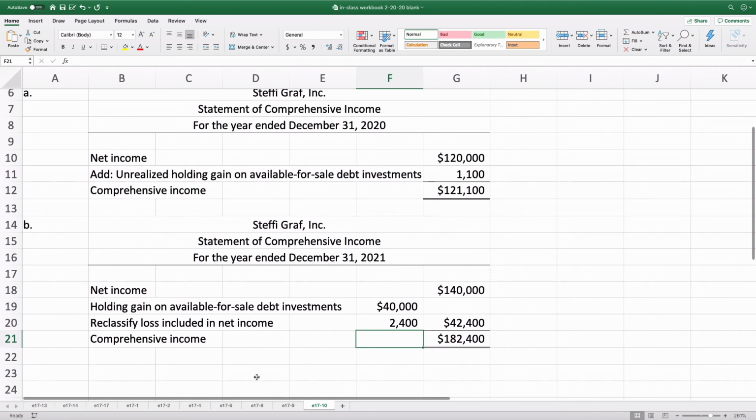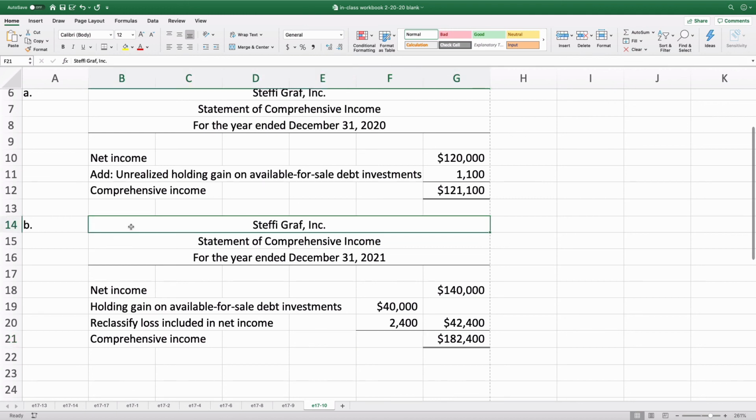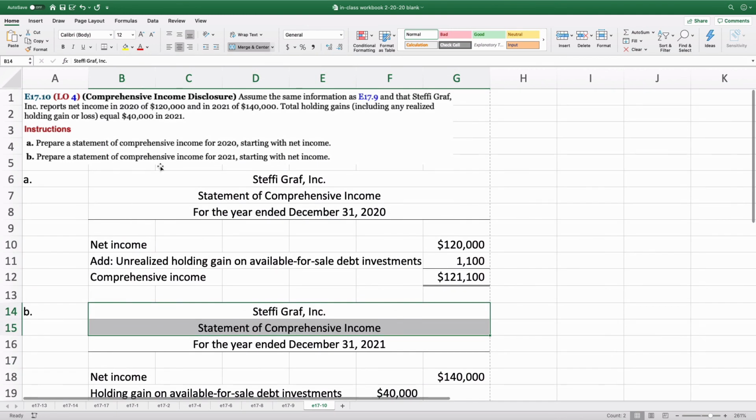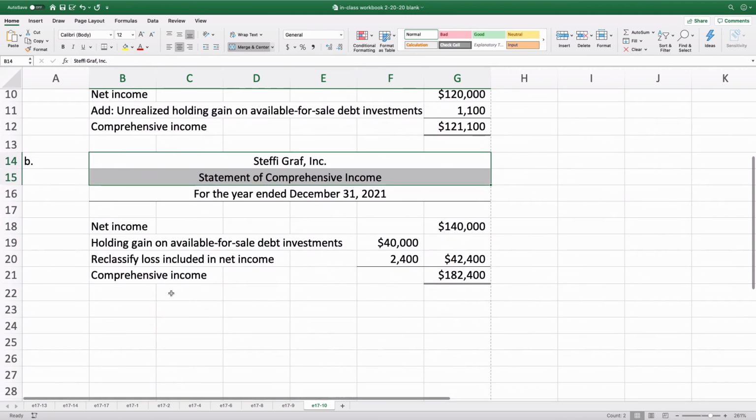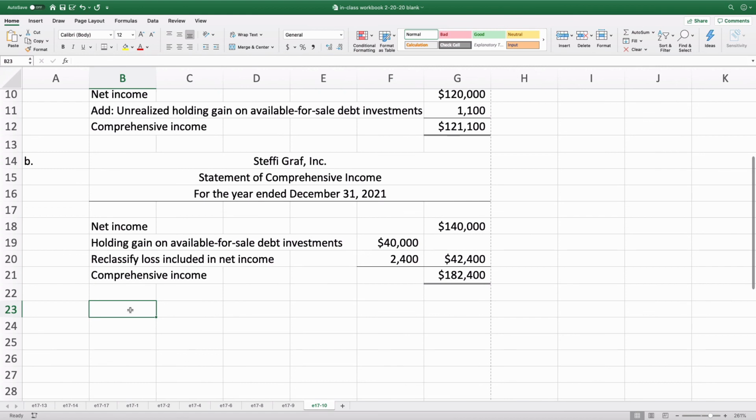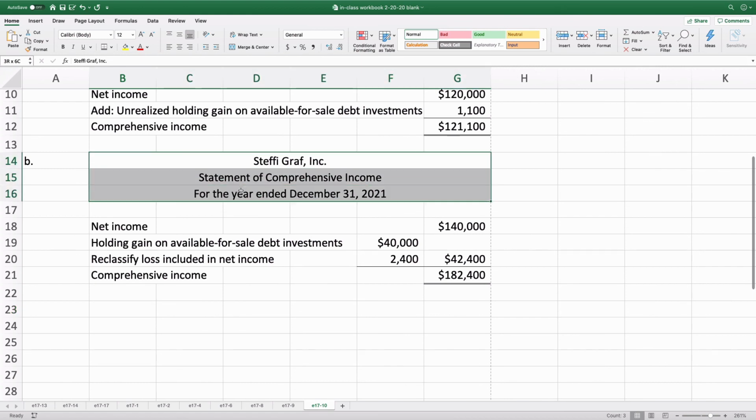Okay, so then there's this other thing that we have to do, because it says prepare a statement of comprehensive income, but we also have this reconciliation of accumulated other comprehensive income.